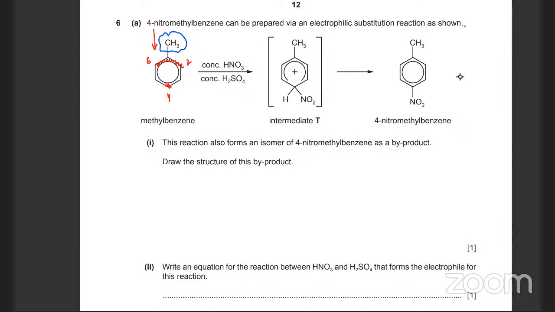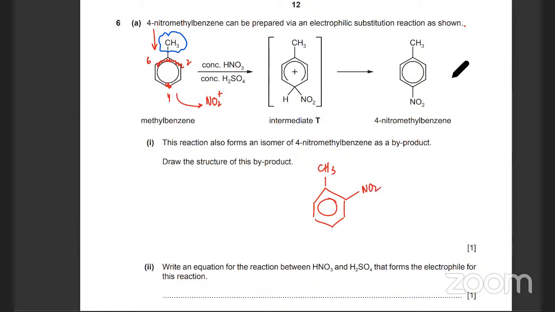The NO2 plus 1 electrophile is created. It's going to get attracted to the 4th position, or it might get attracted to the 2nd position. So the other byproduct is going to be this one. What you're going to have is you're going to have CH3, and the NO2 is going to be at this position.